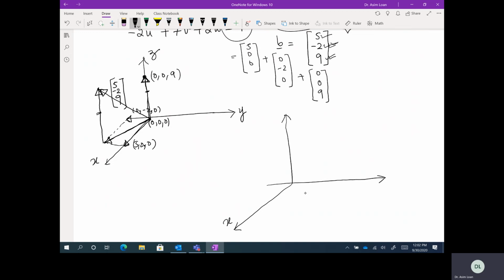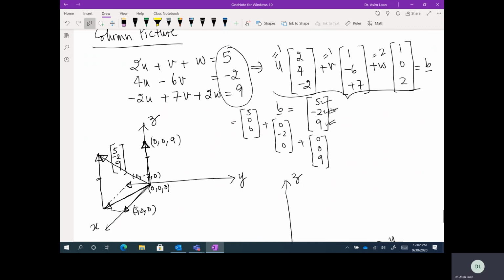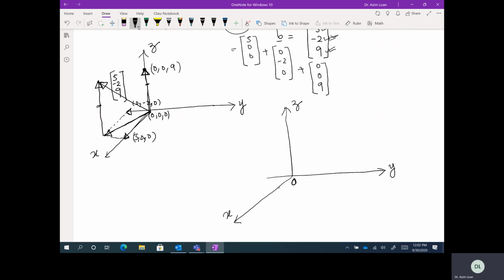So this is X, this is the origin, this is Y, this is Z. Look at this vector, (1, 0, 2): 1 here, 0 here, and 2 over here. So (1, 0, 2) simply means I have a vector like this.